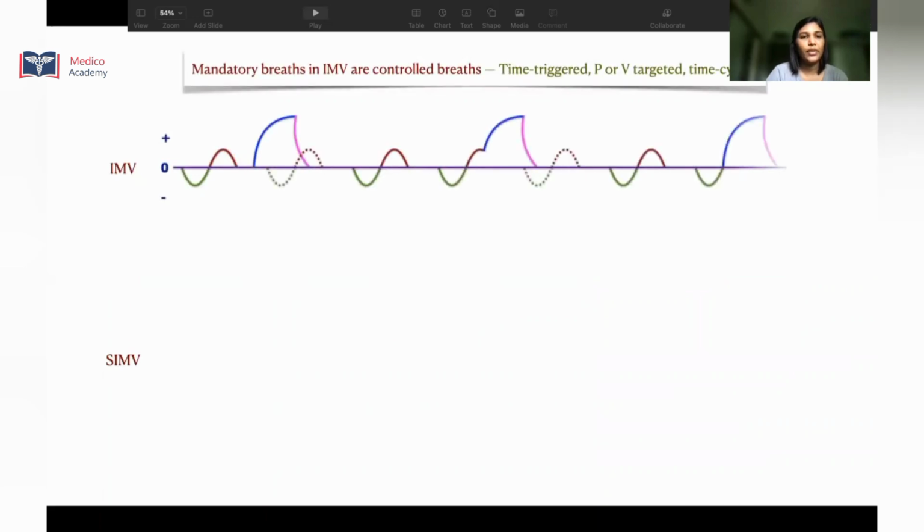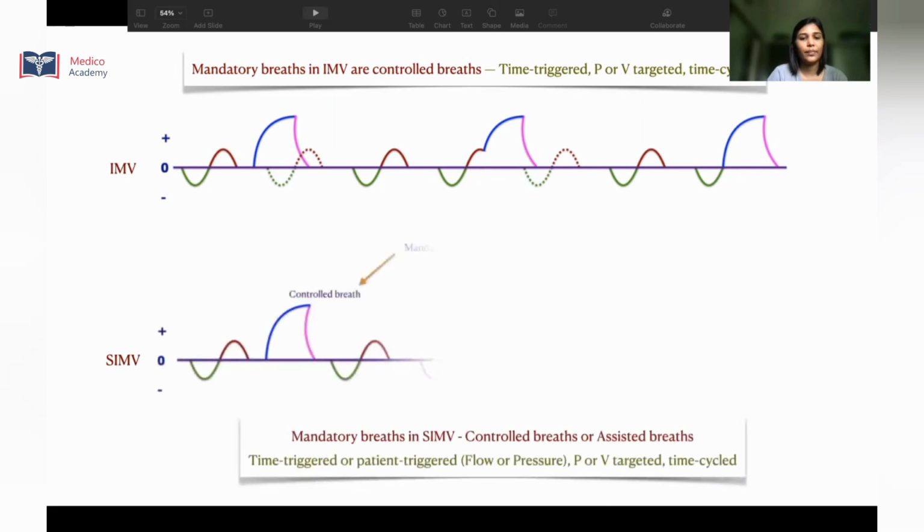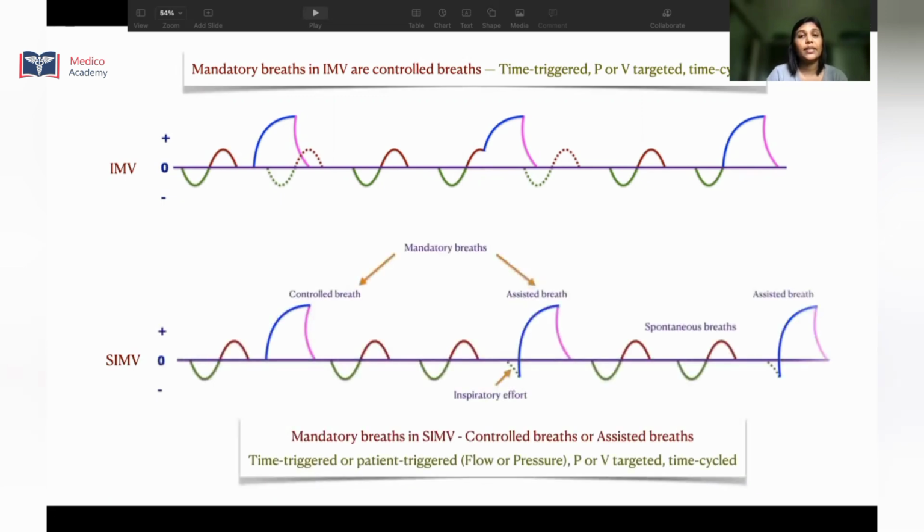So in IMV, all the mandatory breaths are controlled breaths, that is time triggered, pressure or volume targeted, and time cycled. Whereas in SIMV, the mandatory breaths can be either controlled breaths or assisted breaths. Controlled breaths if there is no effort from the patient side during the trigger window, and assisted breaths if there is an effort from the patient side during the trigger window.